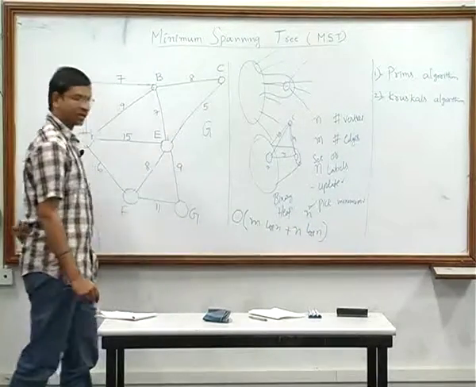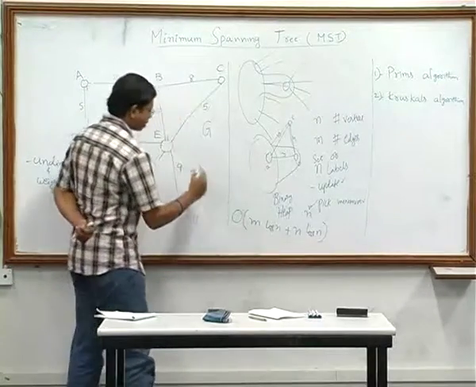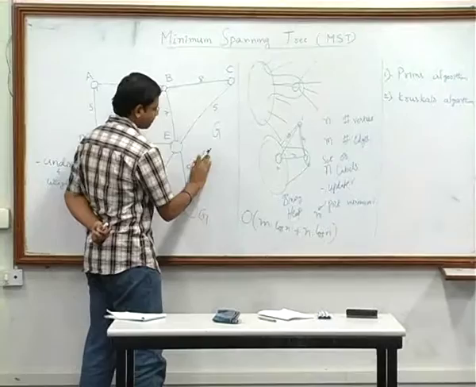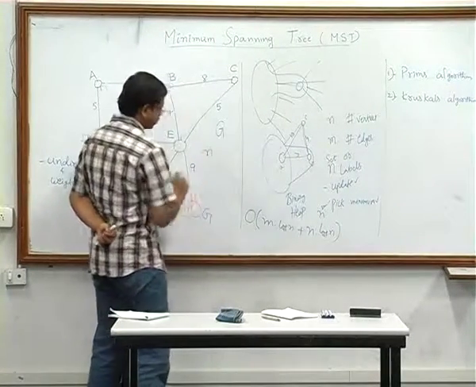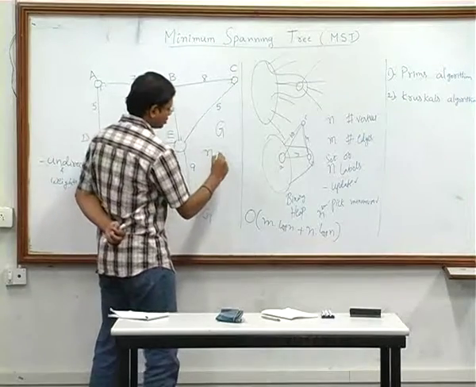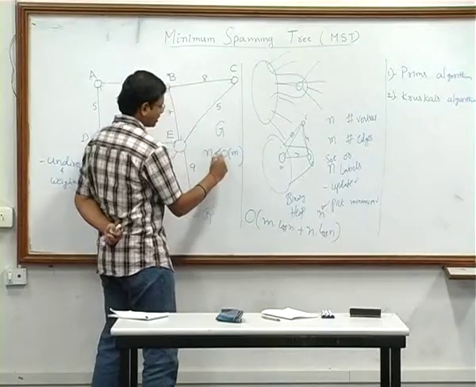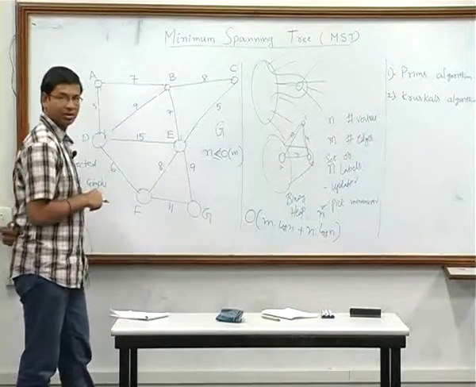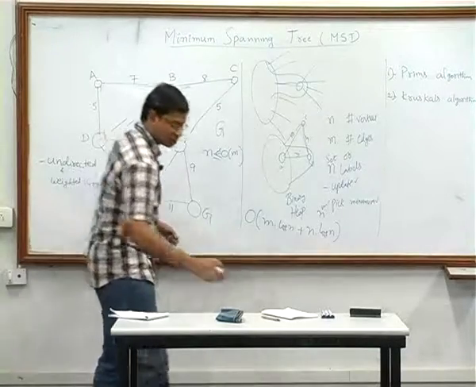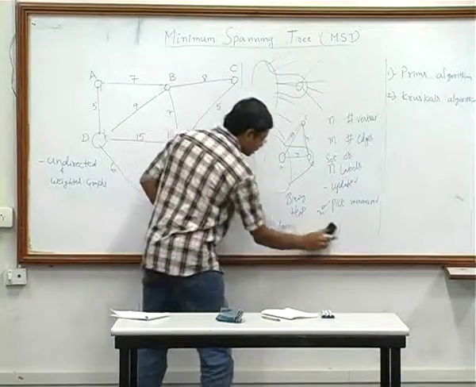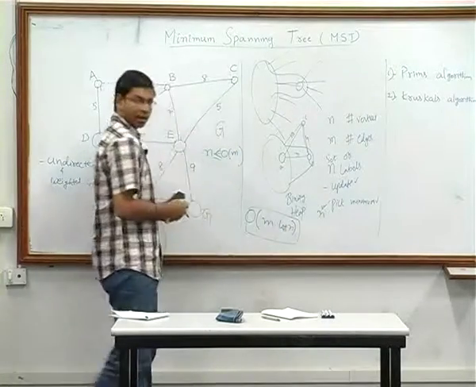So this is the final complexity for Prim's algorithm, and the number of vertices is less than or equal to the order of the edges present, because we are considering the graph as already connected. So we can remove the lower order terms and simplify it to O of m log n.